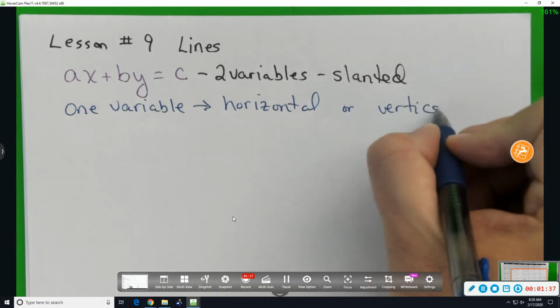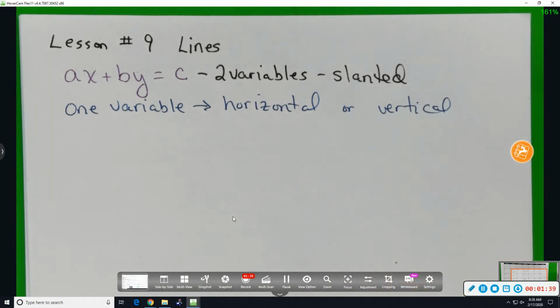If there's both an x and a y, it's a slanted line. If there's just one variable, either an x but no y, or a y but no x, it's a horizontal or vertical line. And I'll show you how to graph all of those as we start doing these examples.